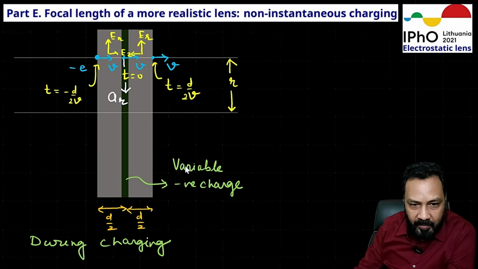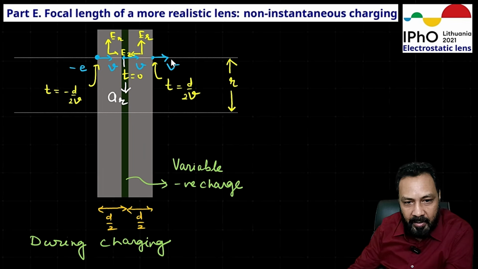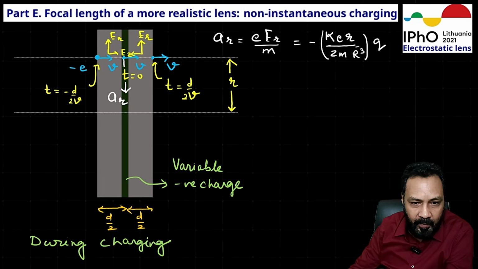So once again, that is the whole setup like this. This is for the negative charge. This is during discharging, a variable negative charge. The electric field radial component is above. The electron beam is entering like this, and because the width is so small, it goes like that, and after exiting the active region it has got a velocity in the radial direction that I have not shown here.